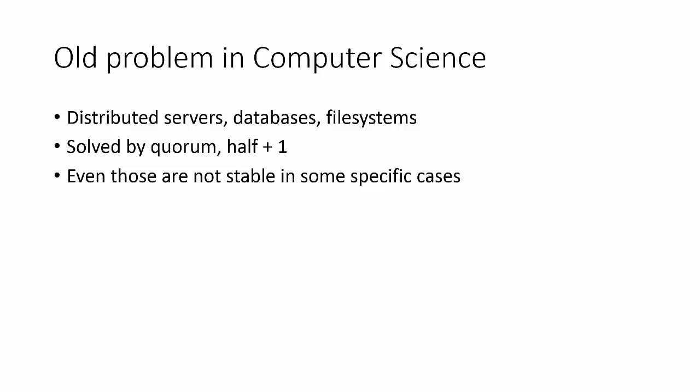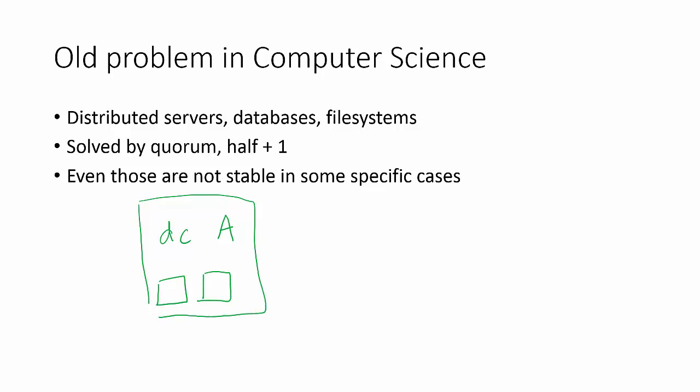As an example, we briefly look at the distributed database. We look at two data centers, half of the database nodes in each. So we have data center A with two nodes. And we have data center B with two nodes.